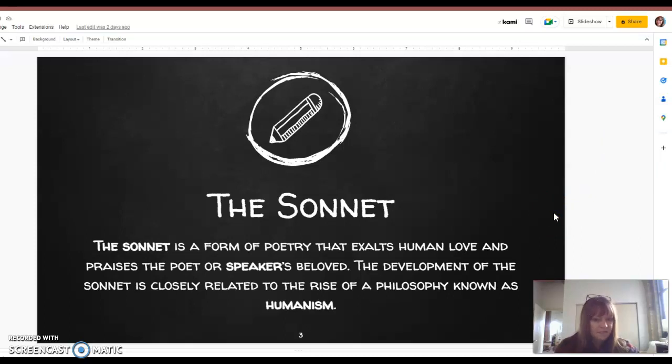The development of the sonnet is closely related to the rise of a philosophy known as humanism. So they do relate to one another.